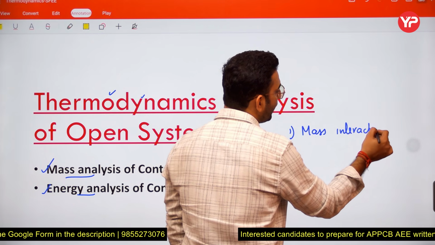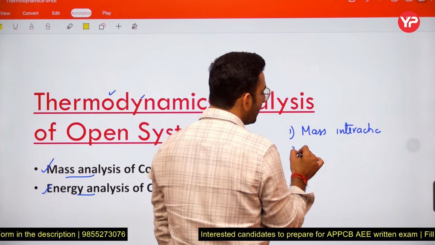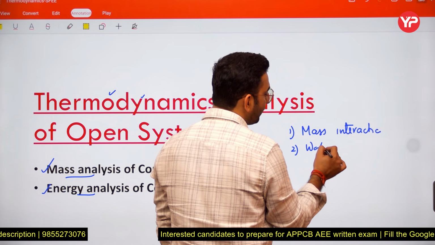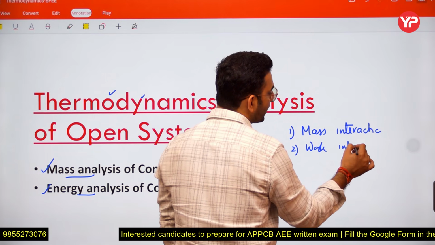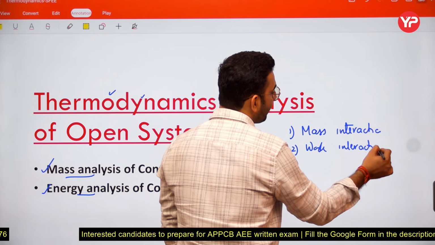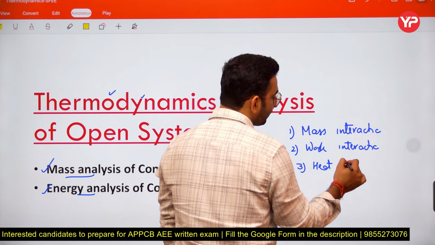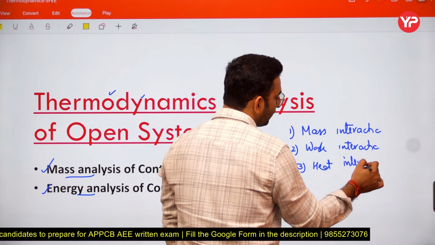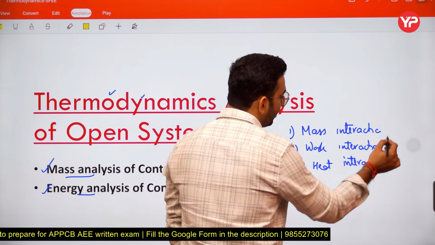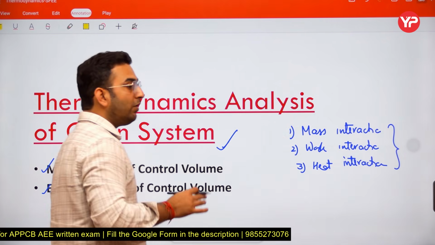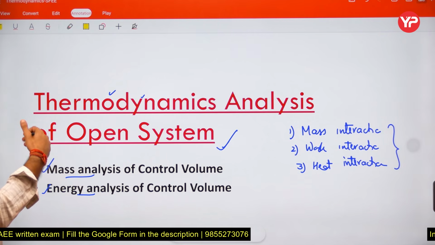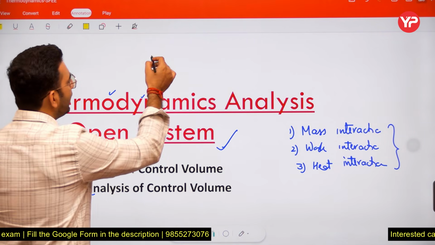There are different forms of interaction which can take place between the system and surrounding, that we have to understand. The first one is mass interaction, then work interaction, and then heat interaction. Remember this part.